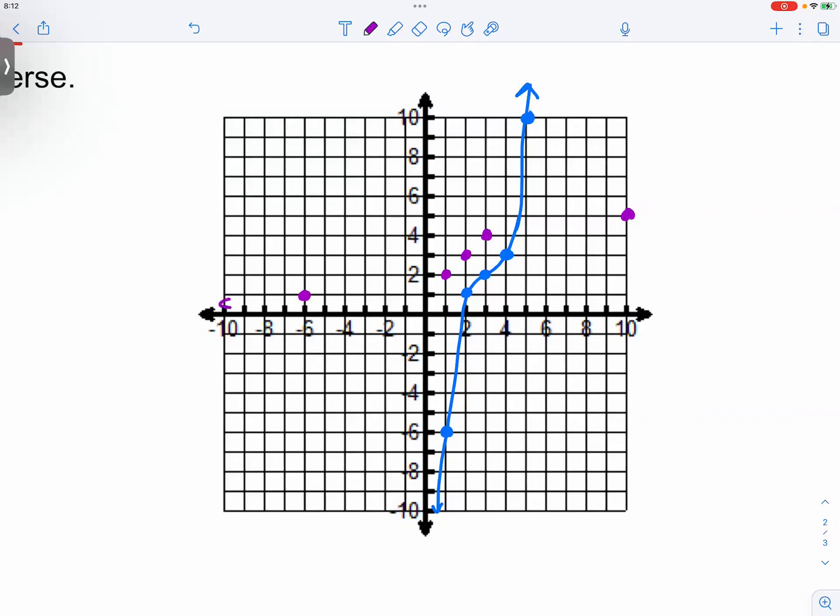So your inverse graph should break it down to 2 parts. That would be better. Okay, so that's going to be the graph of the inverse.